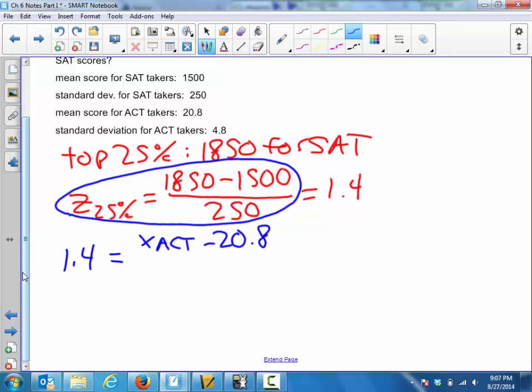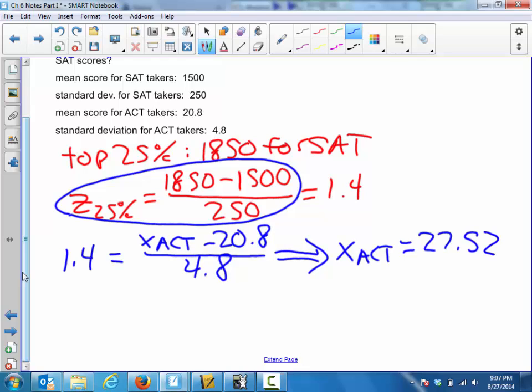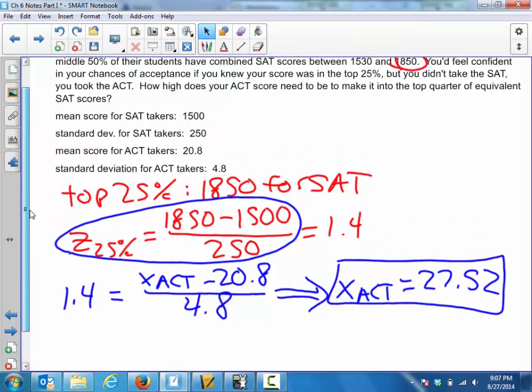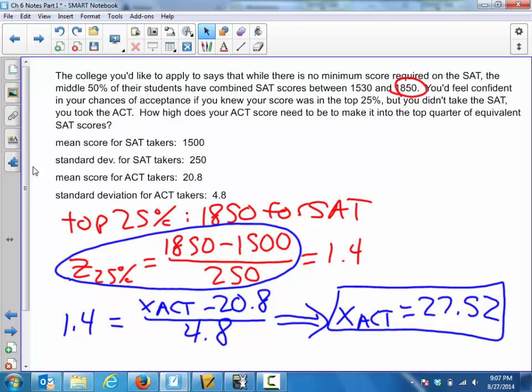Now we've got the z-score that we need. We want the x value corresponding to the ACT score that would hit top 25%. Subtract off the mean of all ACT takers, 20.8, divide through by the standard deviation of all ACT takers, 4.8, and when you solve that for x, the ACT score we would want to hit top 25% would be 27.52.